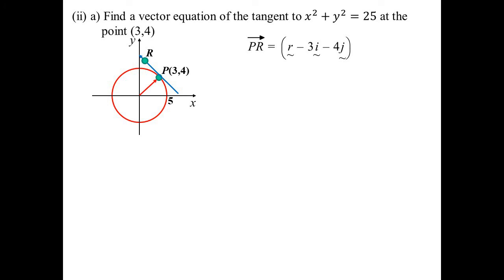Okay, we know the radius is always perpendicular to the tangent. Now, the position vector for P would in fact be that vector. It's joined to the origin. So OP is 3i plus 4j. But the radius is perpendicular to the tangent, therefore the dot product of each of these must equal 0.